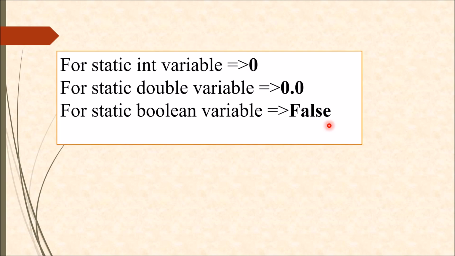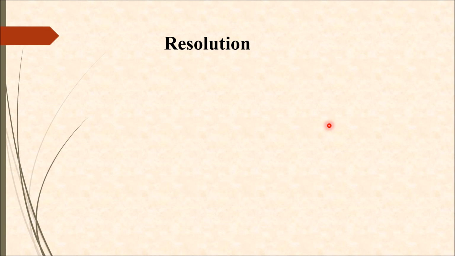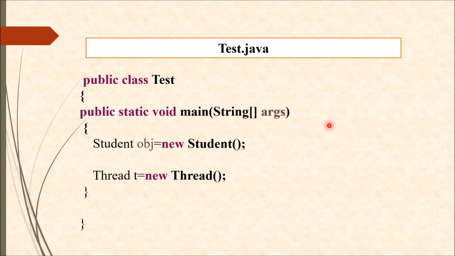Now the third activity inside the linking is resolution. Friends, resolution is nothing but replacing the symbols which represent our classes with the actual memory references. Just consider this test.java file.